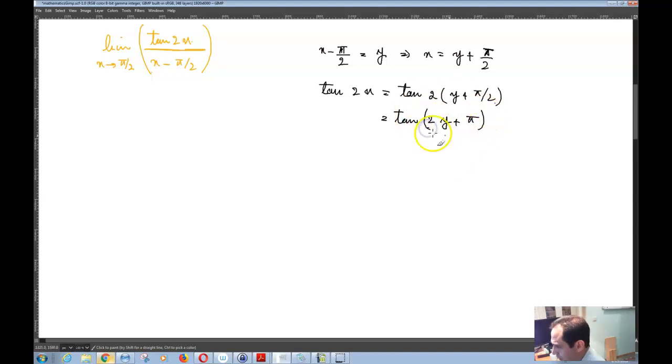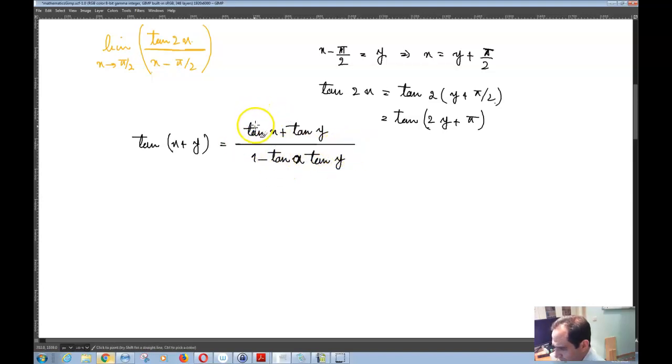So you need to know what tan of 2y plus pi is. You know that tan of x plus y is equal to tan x plus tan y over 1 minus tan x tan y.